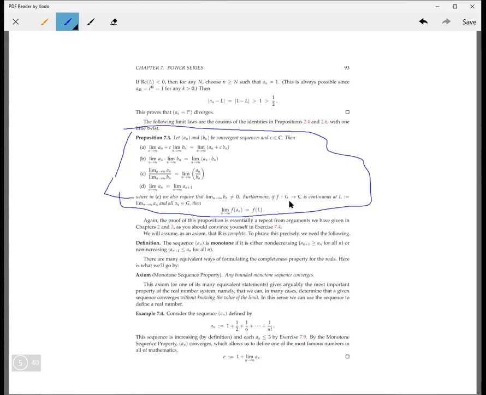Okay, if you have a continuous function f, then the limit is equal to the limit of that. So what this is saying is, let's suppose that we had f of x equals x squared over, actually it should be z, I'm sorry.